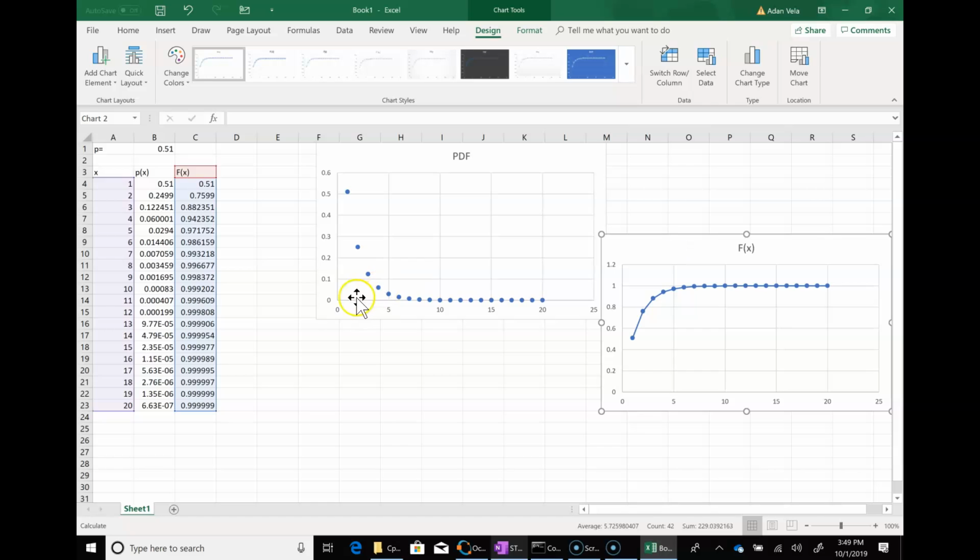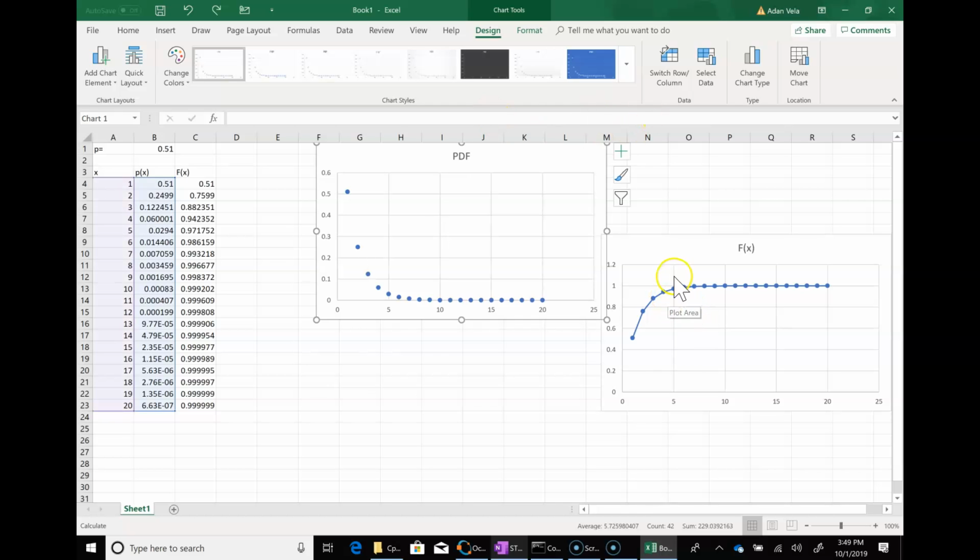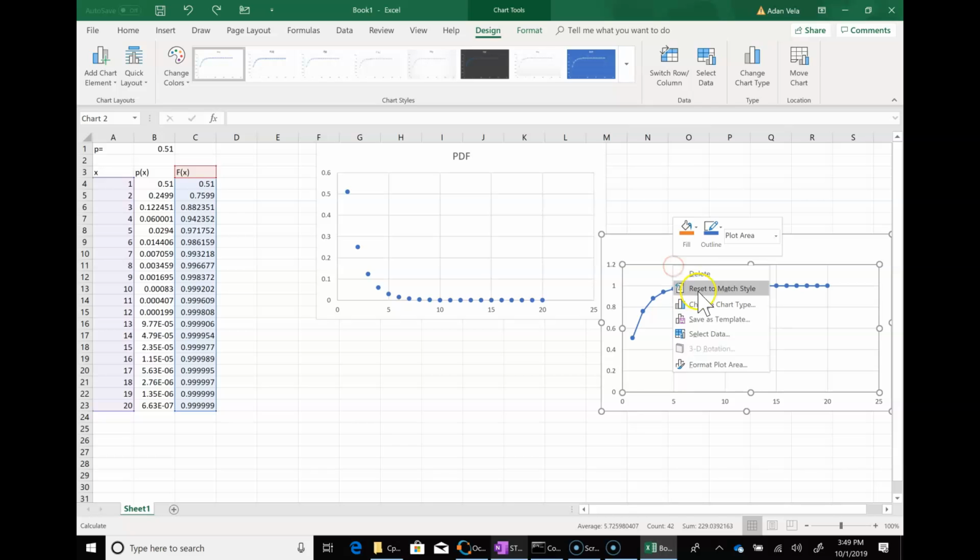So some of this is technically correct and incorrect. In fact, this is incorrect. Okay, and I'll tell you why in about a second. So in fact, what I'm going to do is I'm going to get rid of these lines. Let's see, change chart type.